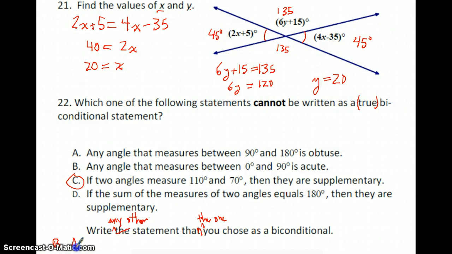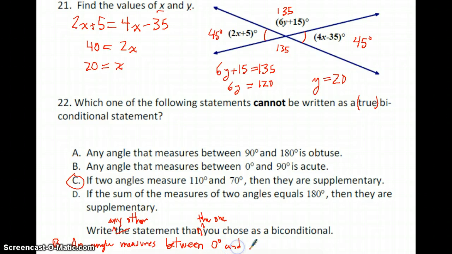An angle measures, remember the magical statement here on biconditional is this if and only if thing. So you have to repair the grammar a bit to get this to work, but I need 0 and 90 on one side of the if and only if, and the acute on the other side, and then just make sure it reads so that it makes sense.